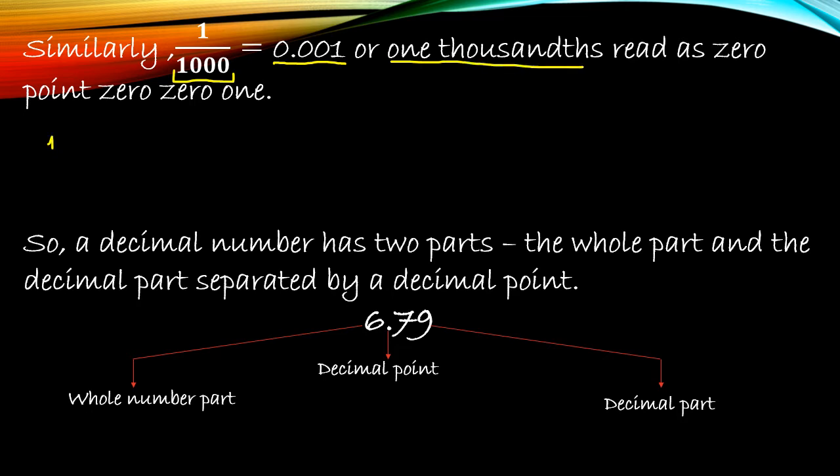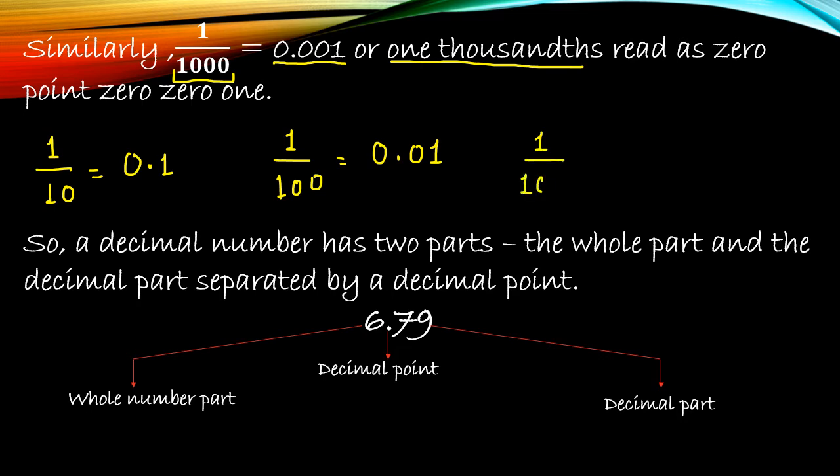So 1 upon 10 is equal to 0.1. 1 upon 100 is equal to 0.01, and 1 upon 1000 is equal to 0.001.